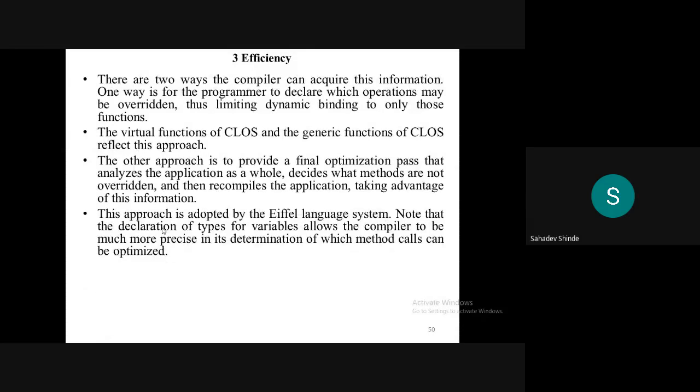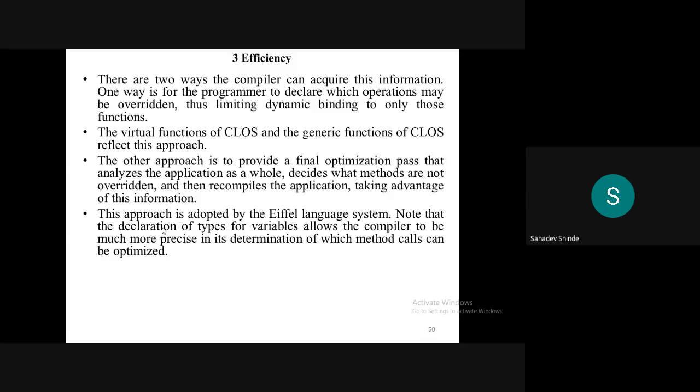So there are two ways the compiler can acquire this information. One way is for the programmer to declare which operations may be overridden, thus limiting dynamic binding to only those functions. The virtual functions of C++ and the generic functions of CLOS reflect this approach.